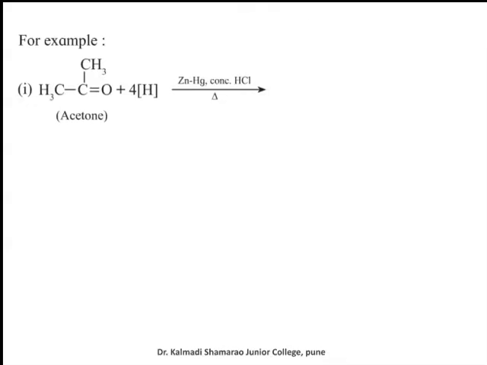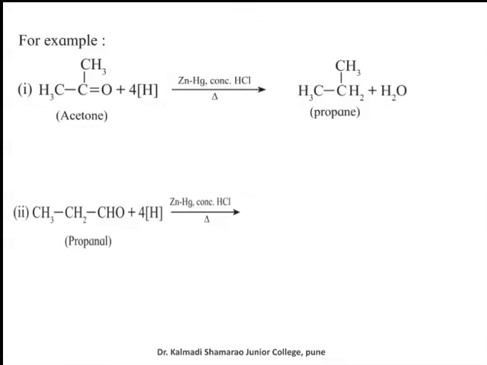For example, acetone plus 4H in the presence of zinc amalgam and concentrated HCl gives propane plus H2O. Similarly, propanal plus 4H in the presence of zinc amalgam and concentrated HCl gives propane plus H2O.